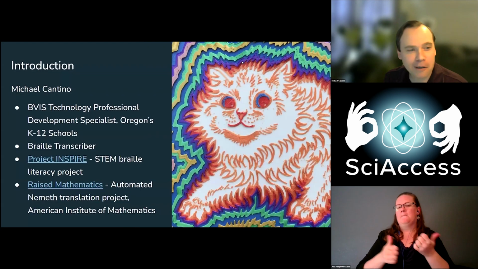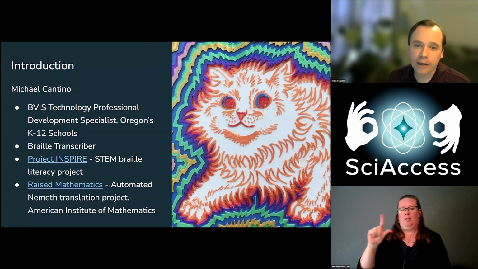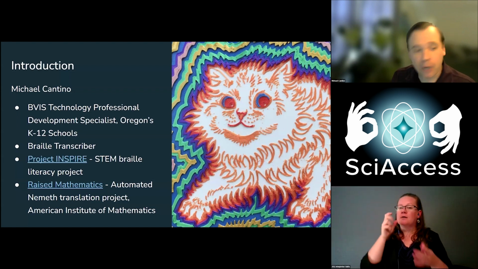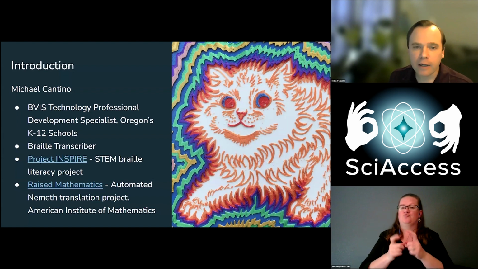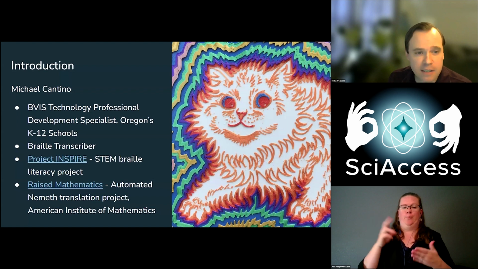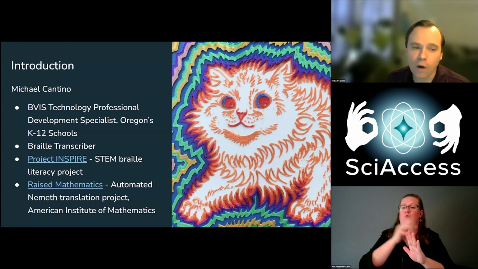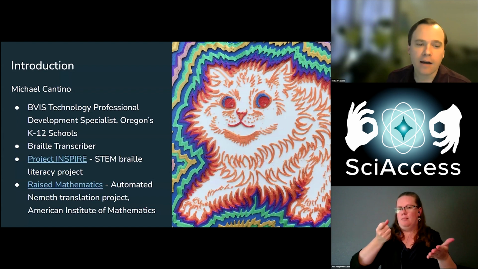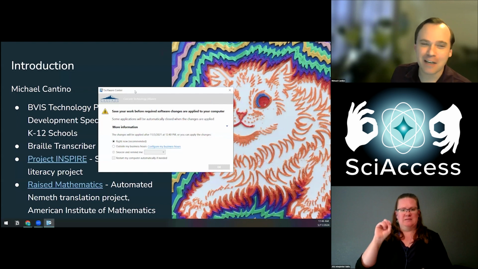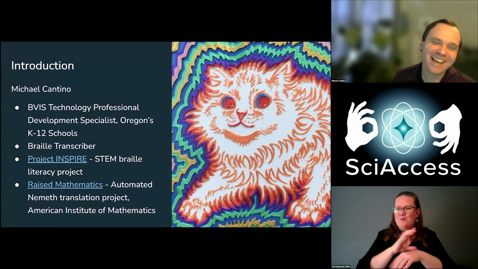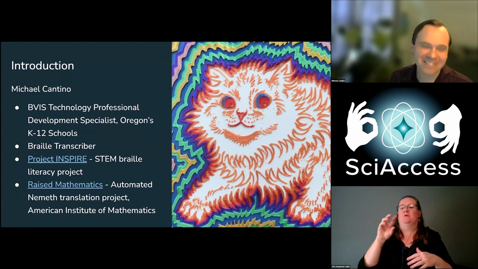So a quick introduction first. My name is Michael Cantino. I'm the blind technology specialist for Oregon's public schools. I'm a Braille transcriber certified through the Library of Congress, and I work on a couple NSF projects aimed at improving STEM literacy for Braille readers. One is Project Inspire, which is primarily focused on K-12 learners and improving access to STEM Braille for K-12 students.